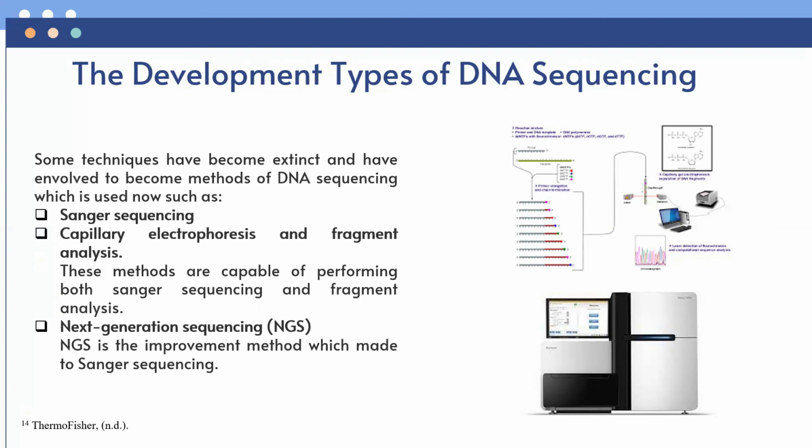The second is capillary electrophoresis and fragment analysis. Capillary electrophoresis, or CE, instruments can perform both Sanger sequencing and fragment analysis. Fragment analysis is a method in which DNA fragments are fluorescently labeled, separated by CE, and sized by comparison to an internal standard.